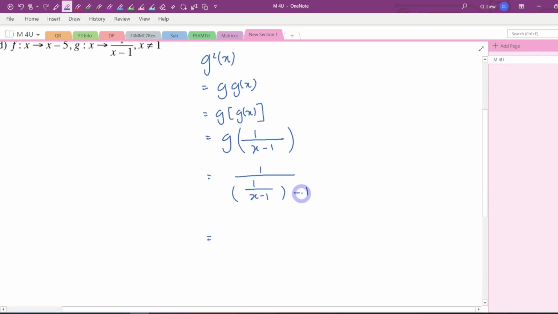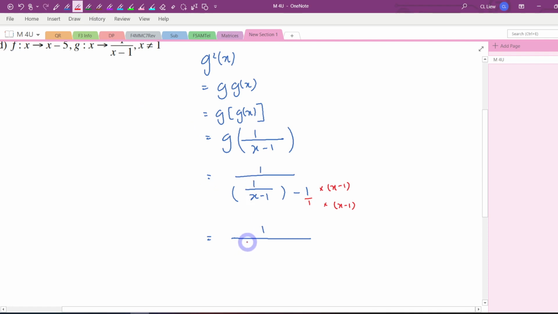Now, as I told you just now, for a fraction, if we want to do subtraction or addition, we have to make sure that they have the same denominator. So this is 1, right? 1 over 1. So what I'm going to do here is multiply this by x minus 1, and do the same thing for the denominator. The denominator and the numerator always need to multiply the same number in order to keep it as an equivalent fraction.